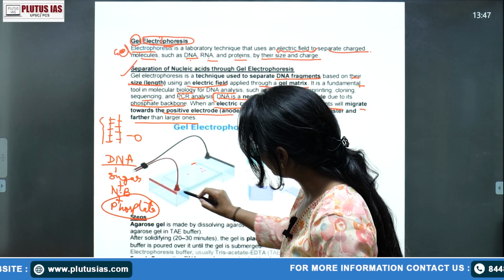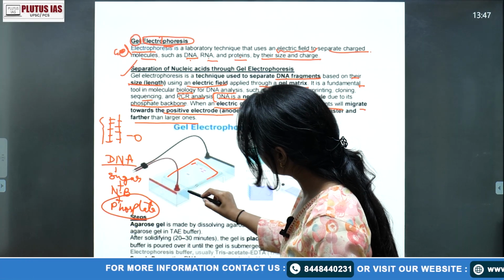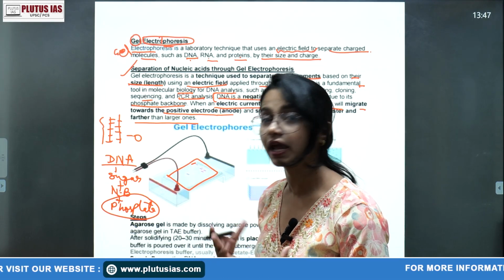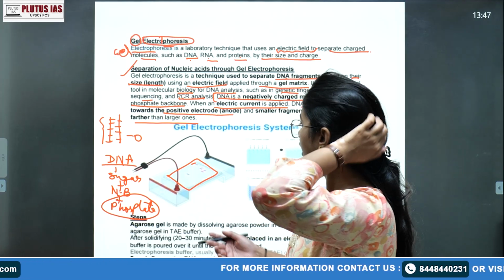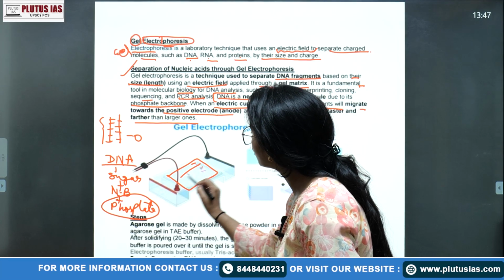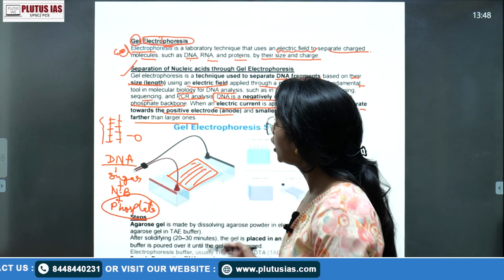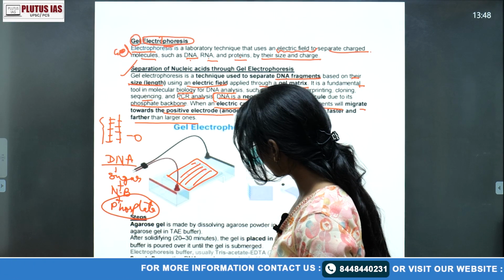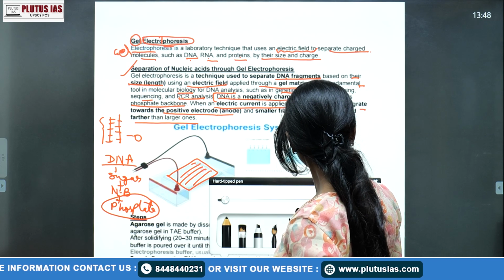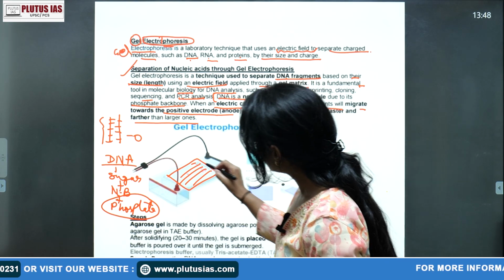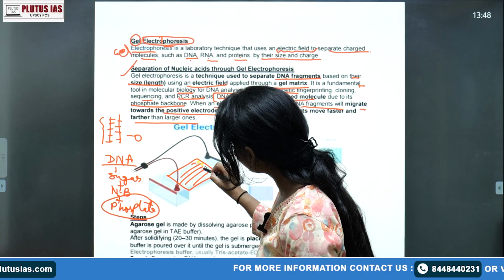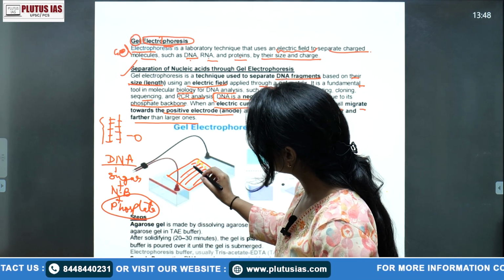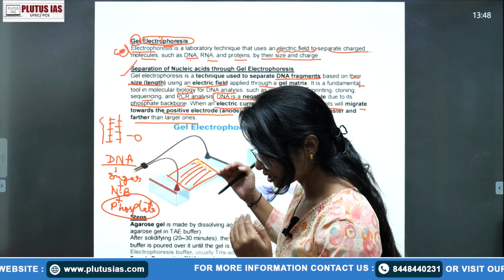So here it is a plate in which the gel matrix has been prepared, agarose gel specifically we use, right? And there are different lanes or columns. On the basis of that, the smaller molecule moves. What we have done, if I explain in a shorter way: these are the columns where you load whatever DNA sample you have and run it. On the basis of the gel, they specifically move.